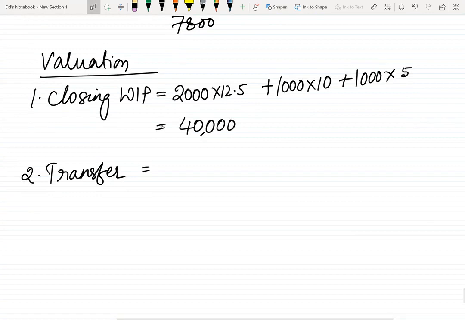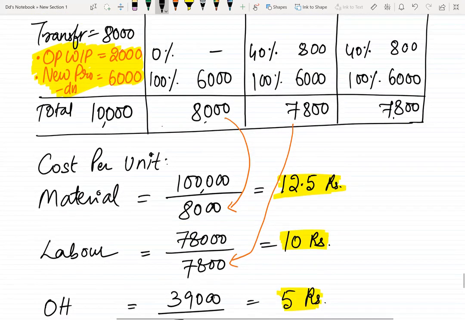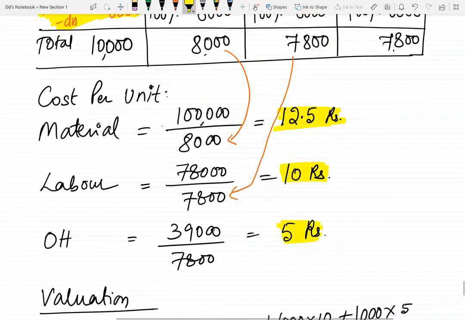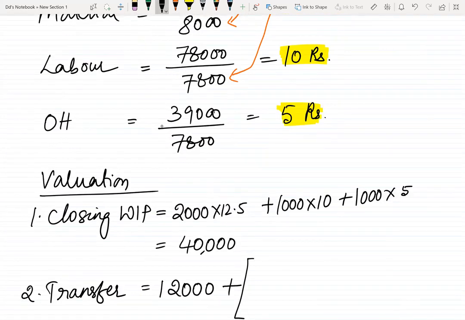Therefore, when you take transfer, you will have to first take what came from previous period. That was 12,000, correct. Plus, you tell me, go to this statement, you have divided this 8,000, I'm circling in green, 8,000 into two parts. Yeah, here it will be 0. Okay, here it is 800 into 10. Start writing 0 plus 800 into 10 plus another 800 into 5.